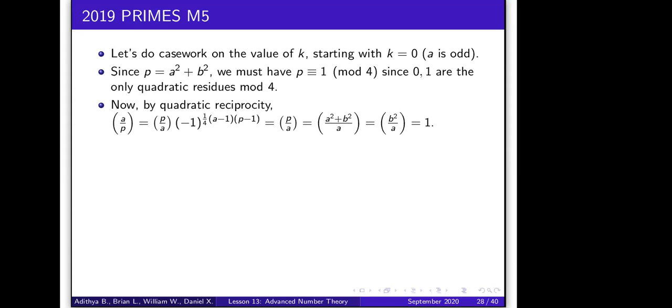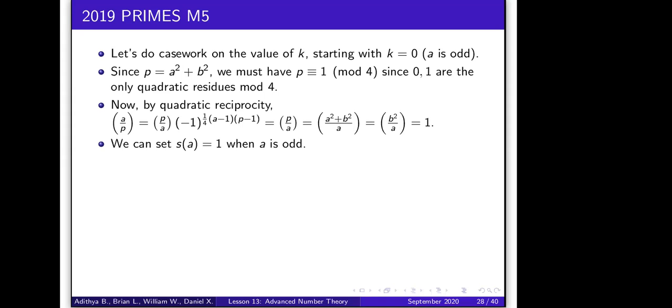So B squared has to be a quadratic residue mod A. So that means that A over P is always equal to 1 in this case. So that means that when A is odd, we can just set S of A equal to 1 because we have no other condition here.